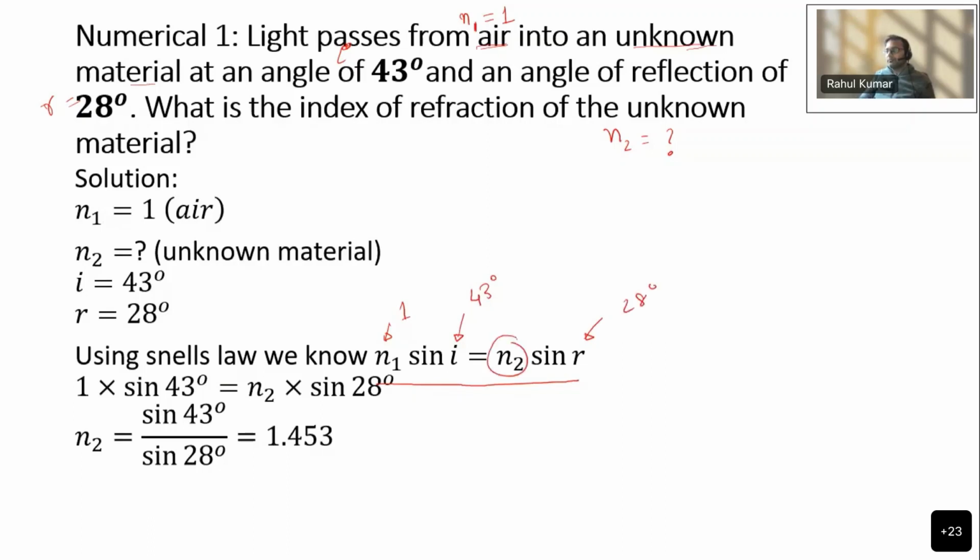So we can calculate N2. Okay, and according to my calculation, it comes out to be 1.453. Okay, now refractive index, it is a unitless quantity. Okay, so it will not have any units.